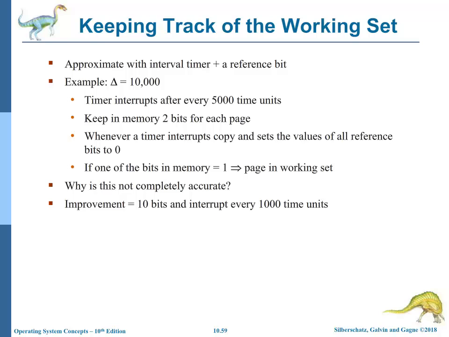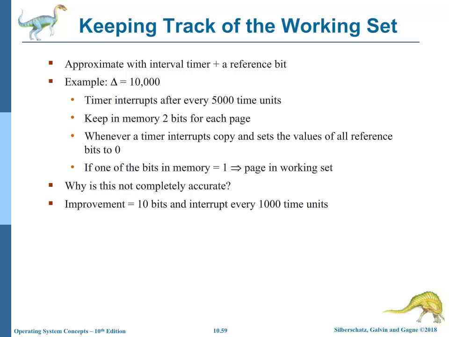The total demand, D, is the sum of the sizes of the working sets for all processes. If D exceeds the total number of available frames, then at least one process is thrashing, because there are not enough frames available to satisfy its minimum working set. If D is significantly less than the current available frames, then additional processes can be launched.